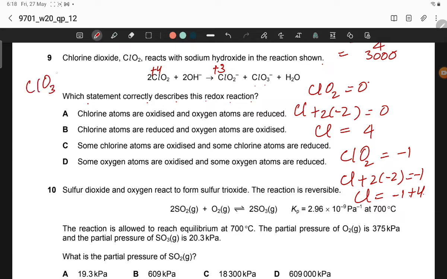ClO3 minus is equal to minus 1. Cl plus 3 minus 2 is equal to minus 1. Cl minus 6 is equal to minus 1. Cl is equal to minus 1 plus 6, plus 5.